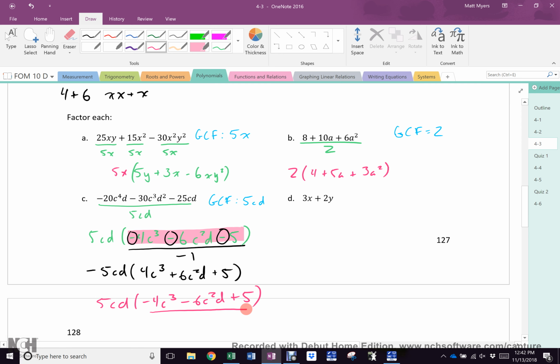So I would divide everything by negative 1, which would change that sign, and that sign. So what would I get? Negative 5cd plus 4c cubed plus 6c squared d, then a minus 5. Does everybody understand? If you've got negatives, we like them as far to the left as we can.